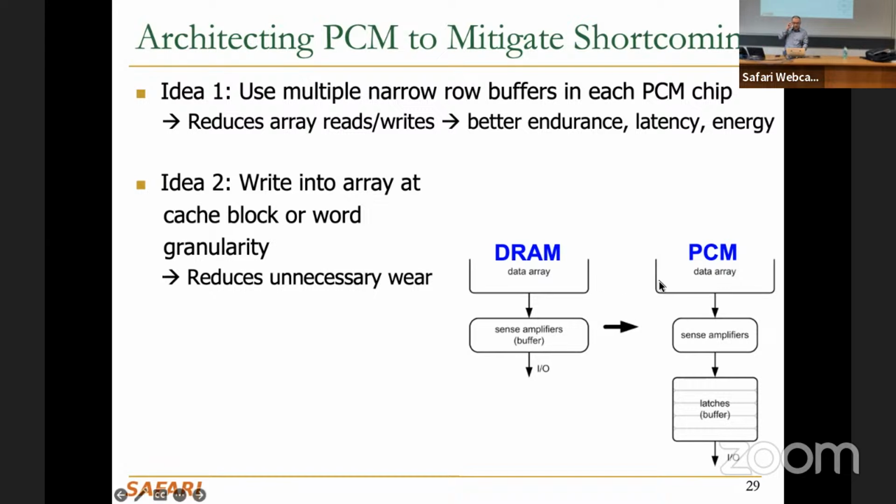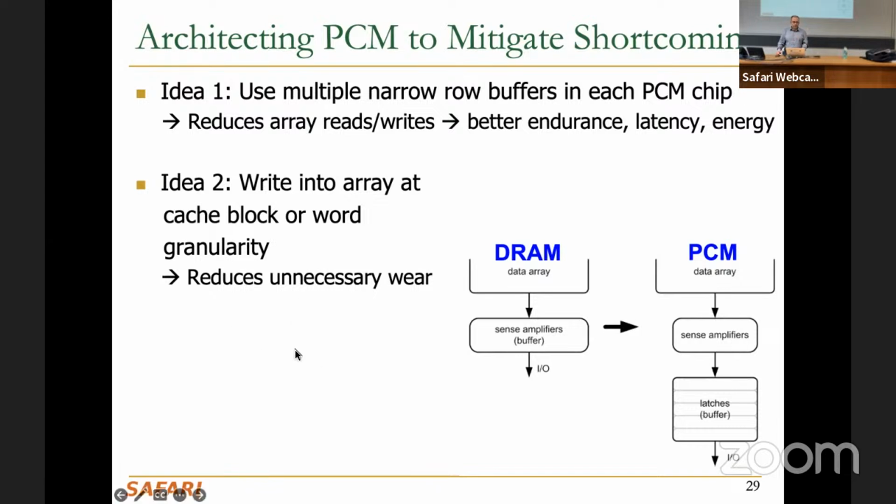But in PCM, you don't have to update the whole row. You can update only the part that is different. Maybe you only change a byte, or 2 bytes, or a word, or a cache block. That can reduce a lot of write cycles. Remember that we have this endurance issue, so with that, you can reduce the number of writes.